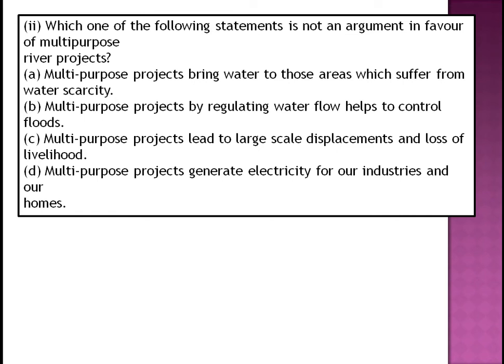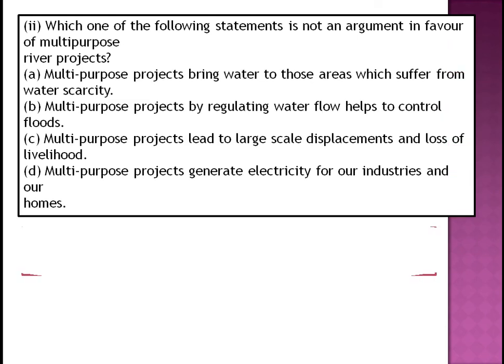So that is not in favor of multi-purpose river projects. So C is the correct answer. D, multi-purpose projects generate electricity for our industry and homes. That's correct, a point in favor of the multi-purpose river project.